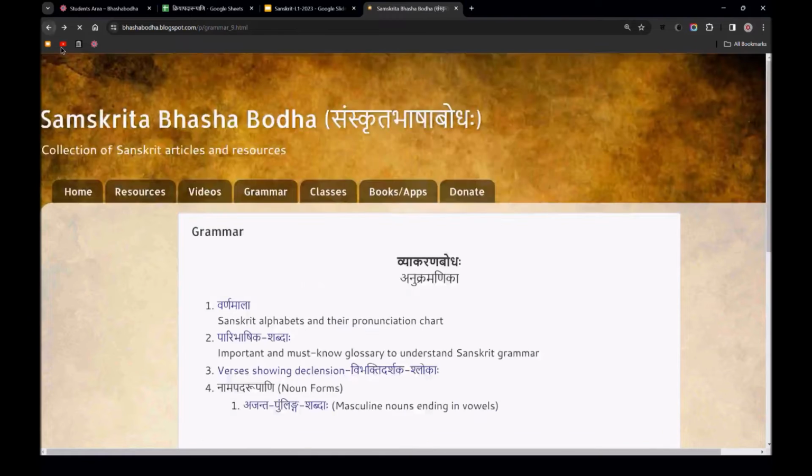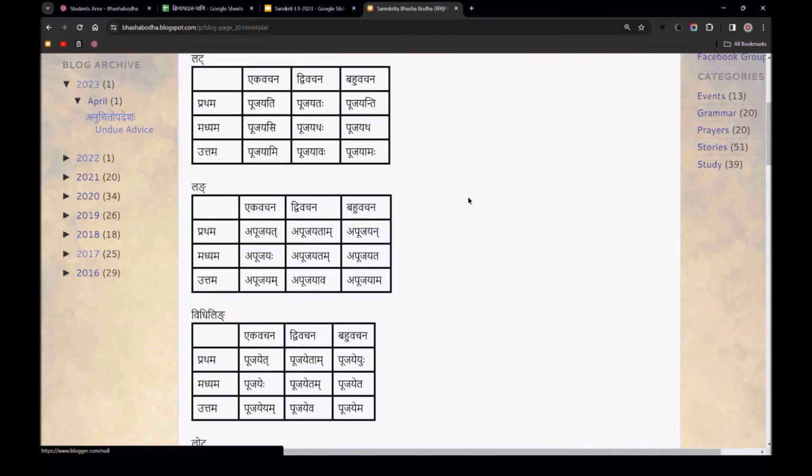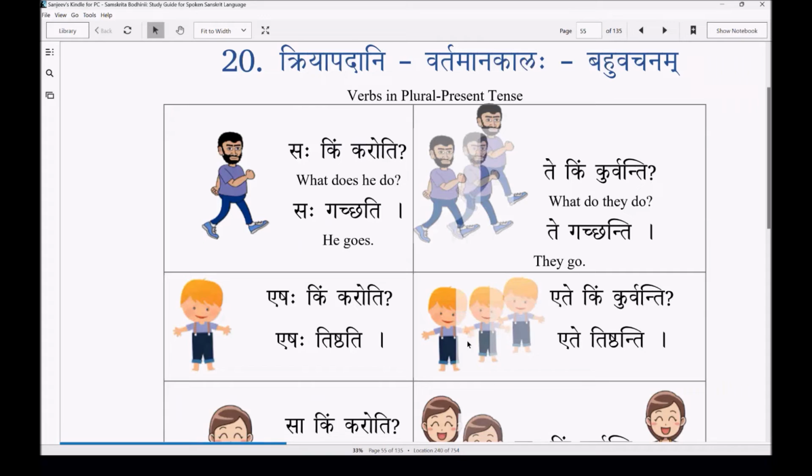You can refer to only 10 examples here, but you can refer to this first line, Pujayati, Pujayanti, that Bahuvachana form you can find. Then Saha Gacchati, te. Saha becomes te, right, in the Bahuvachana forms. Te means they, Gacchanti, go.